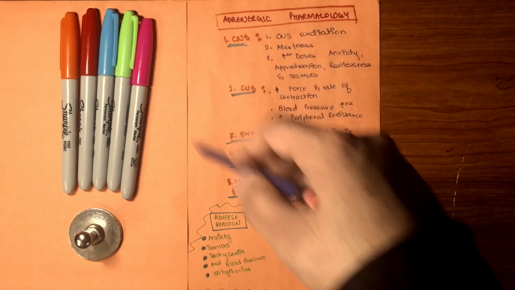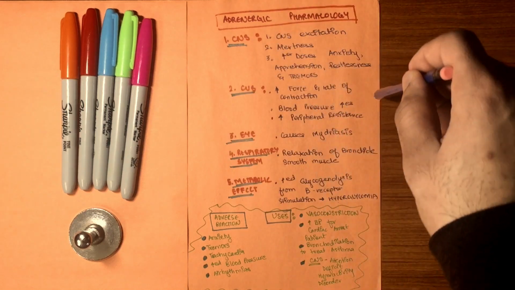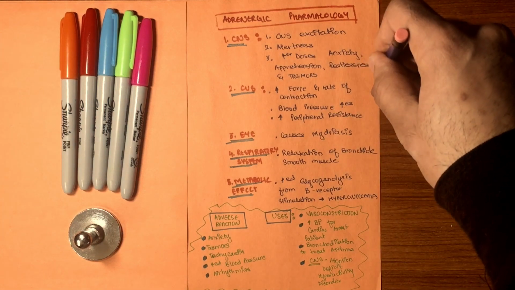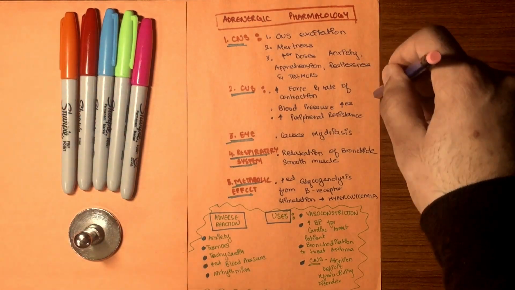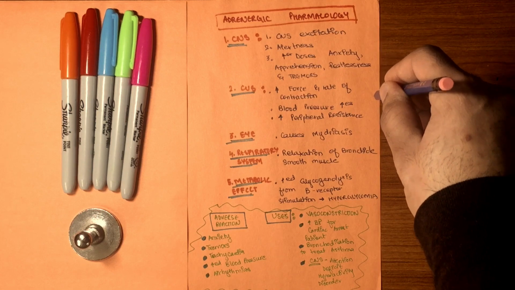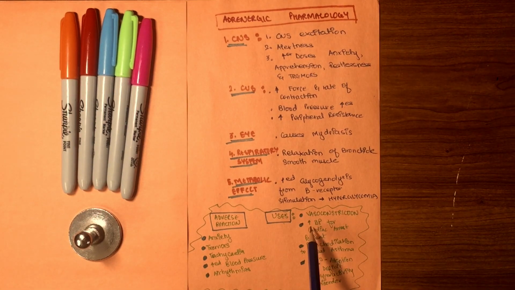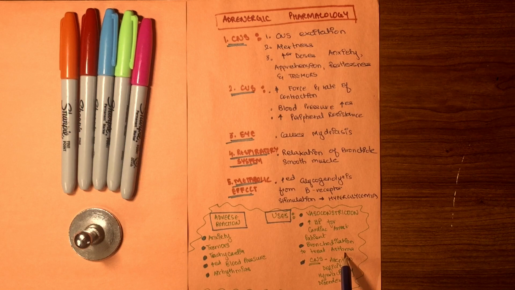So from these, we understand that they are opposite of the cholinergic drugs, which are parasympathetic drugs, and adrenergic are sympathetic drugs. Therefore, the uses are for vasoconstriction to increase the blood pressure in cardiac arrest patients, bronchodilation during the treatment of asthma.